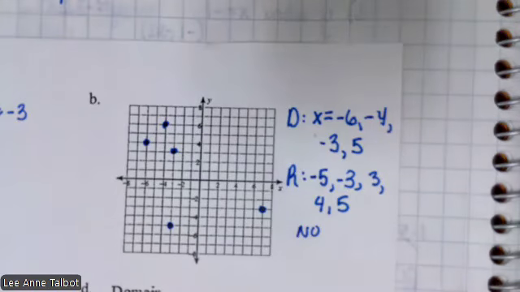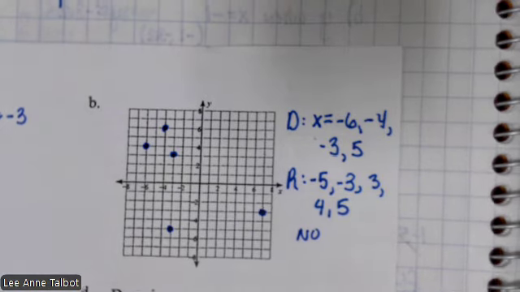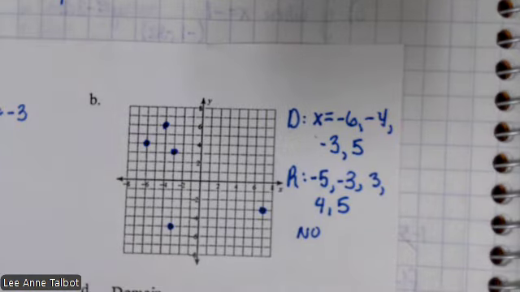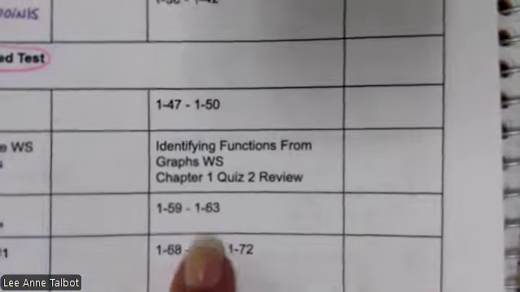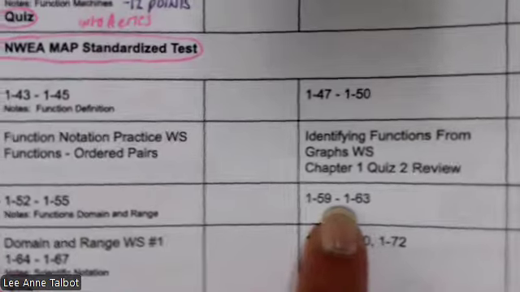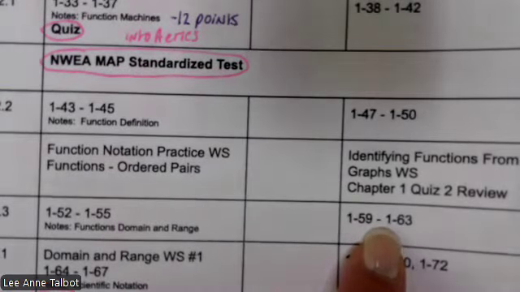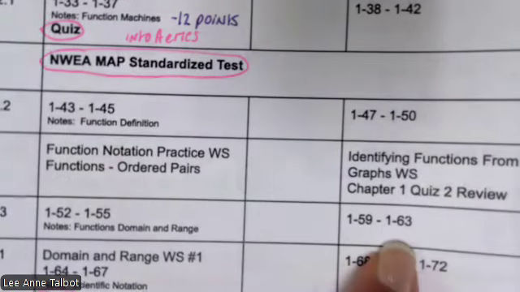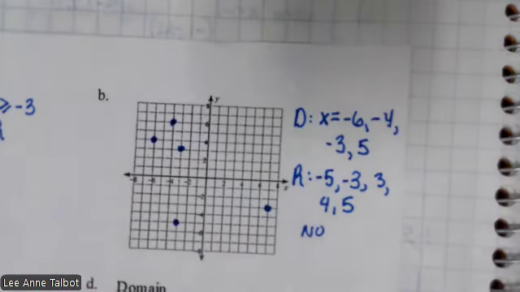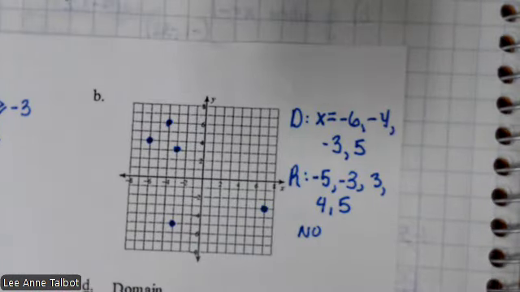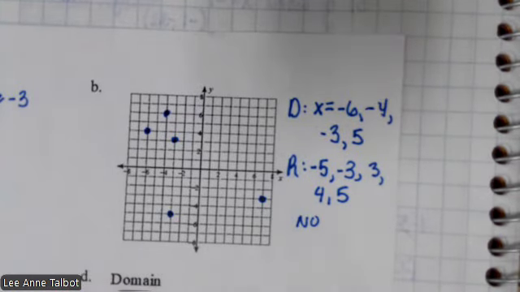Okay, we're going to pause here. We'll do the last two on Thursday because I need you to pack up and things. But do you guys know what the homework is? 59 to 63 in the CPM book. 59 to 63 in the CPM book.